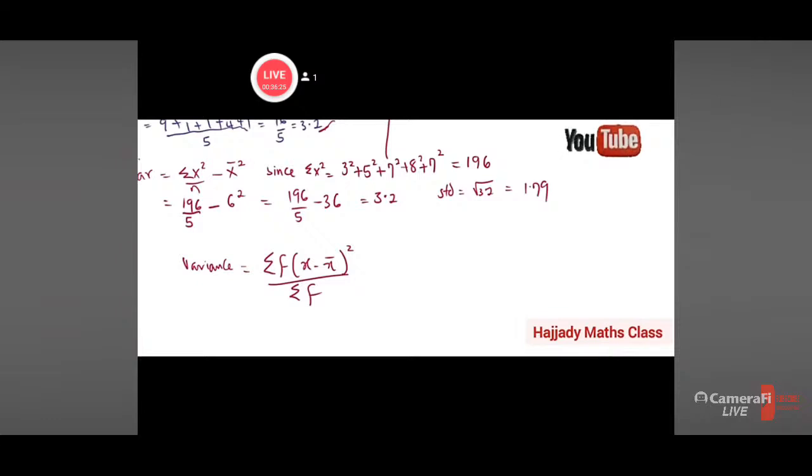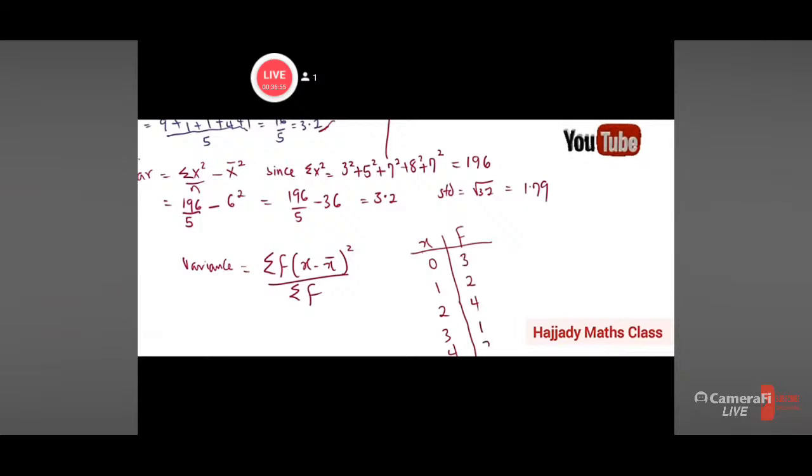So you can use this to solve this as a classwork and put the answer in the comment section. We have x as 0, 1, 2, 3, 4, and we have the frequency to be 3, 2, 4, 1, 2.